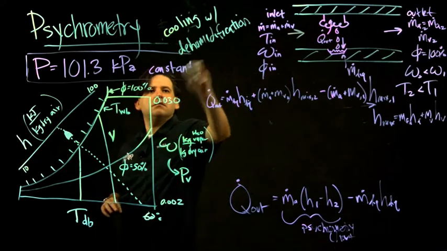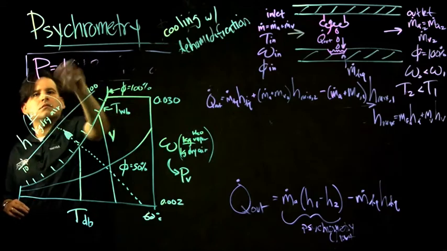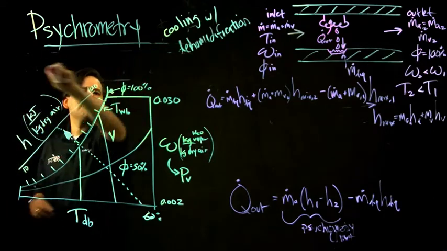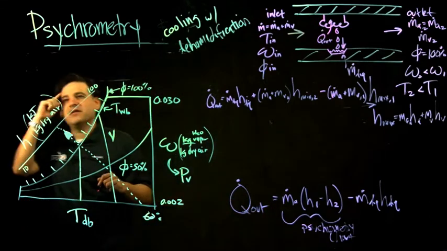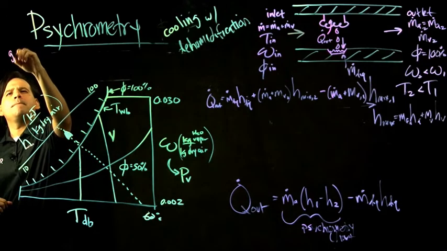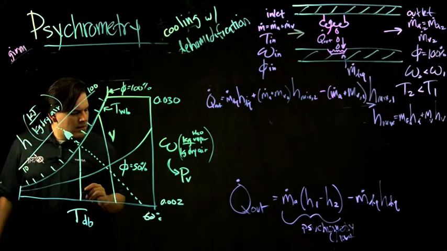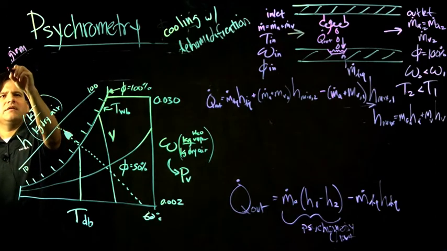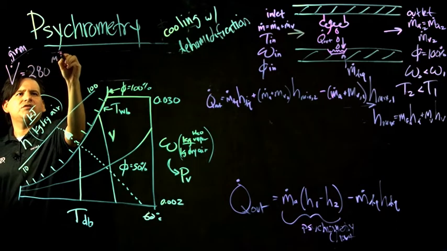Okay, so let's say we are given in this problem a volumetric flow rate, let's say big V dot equals 280 meters cubed per minute.